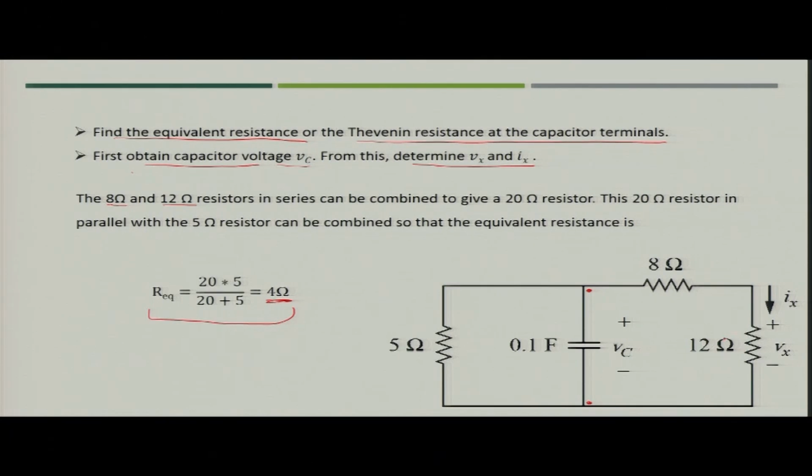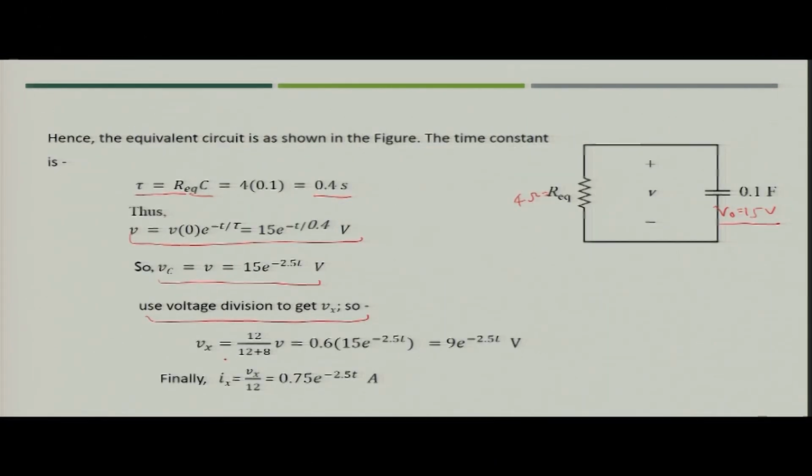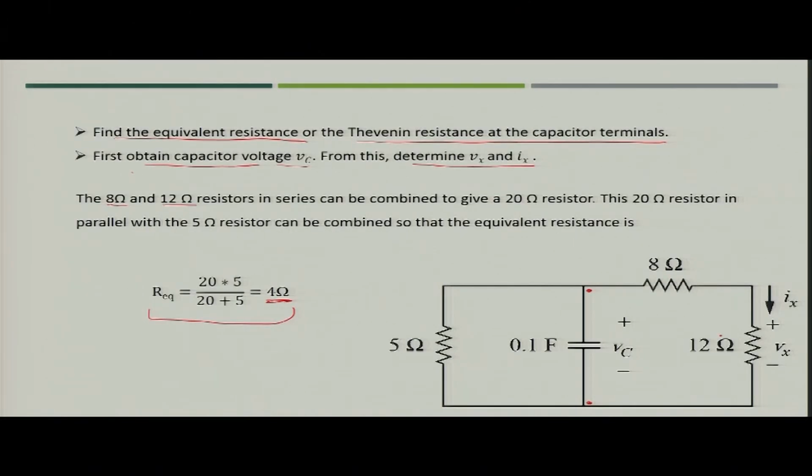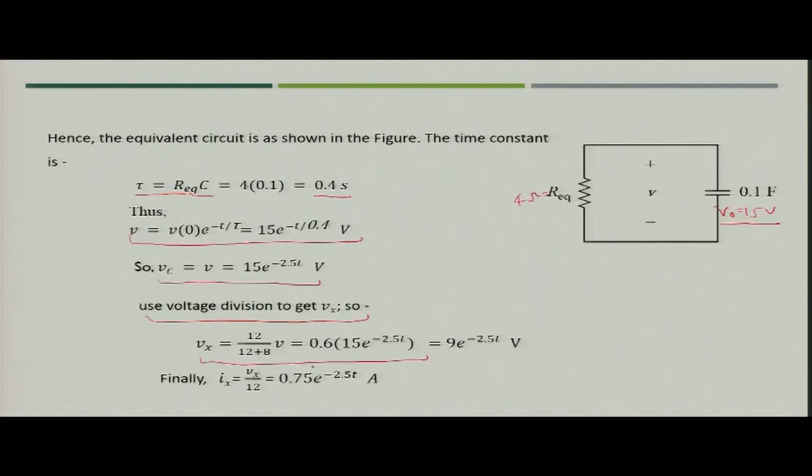When you use voltage division, Vx is 12 divided by 12 plus 8, since 12 and 8 are in series, into V. So, you simply get Vx as 9 e to the power minus 2.5 t volt.